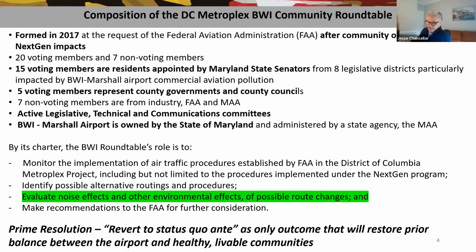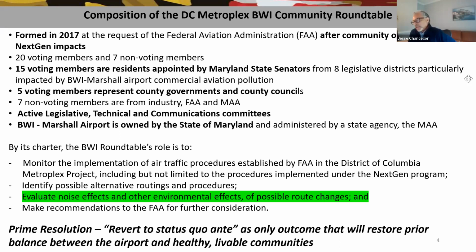Next slide, please. So, what exactly is the BWI Community Roundtable? Well, we were formed in 2017 after public outrage at NextGen, which was implemented in our airport in 2016. We have 20 voting members: 15 residents chosen by our state senators, 5 members representing county governments and county councils, and there are some non-voting members from industry, the FAA, and our airport authority.